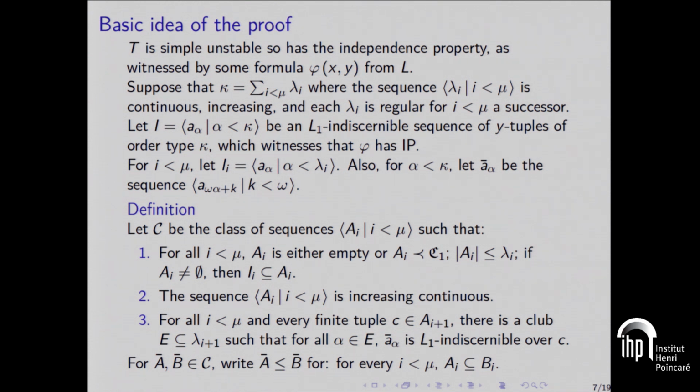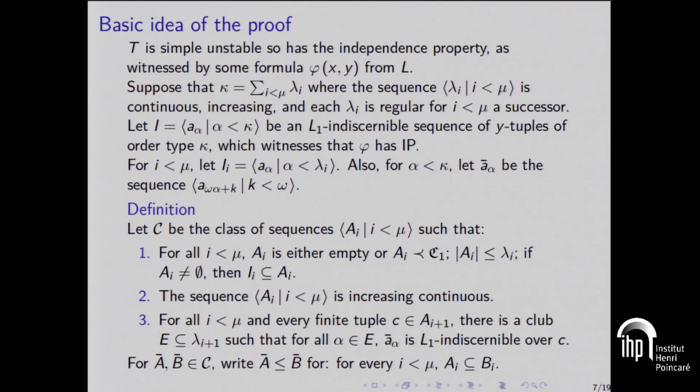And this is the main definition of the proof. We look at the class of sequences A_i, i less than mu, where mu is the cofinality, remember? Such that for all i in mu, either A_i is empty or it's an elementary substructure of C1. From the notation, it's clear that C1 is the master model for T1. A_i is smaller than lambda_i, and A_i could be either empty, or if it's not empty, then it contains the whole sequence I_i, the sequence witnessing IP.